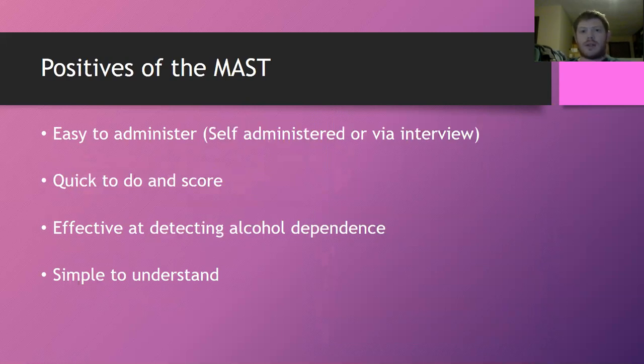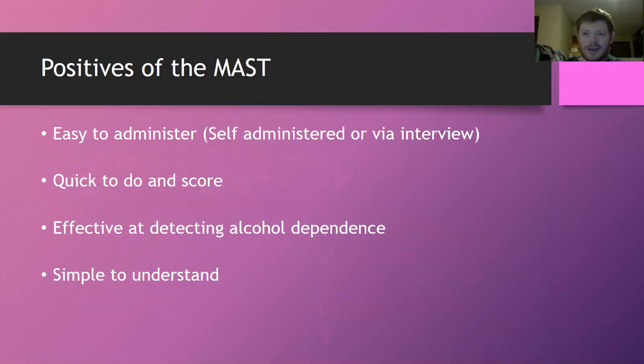The revised MAST is, like I said, 22 questions, but it's all simple weighted scoring. So you get a point for this question, a point for that question, a point for this question, and no points if you answer correctly.